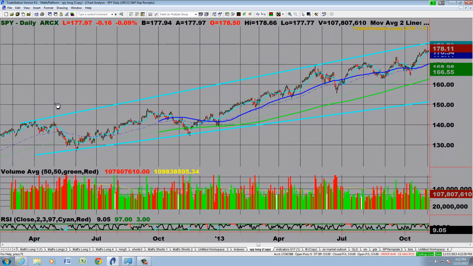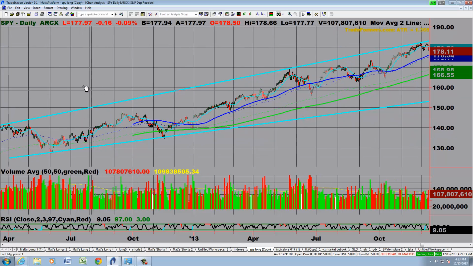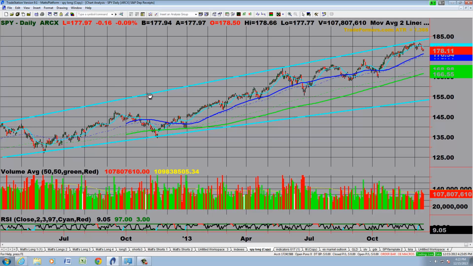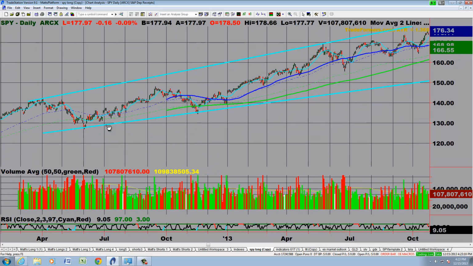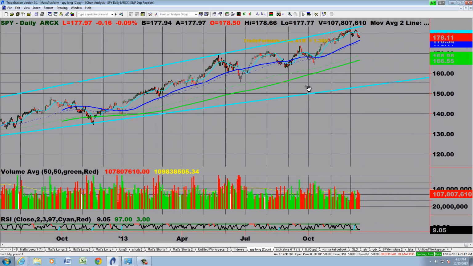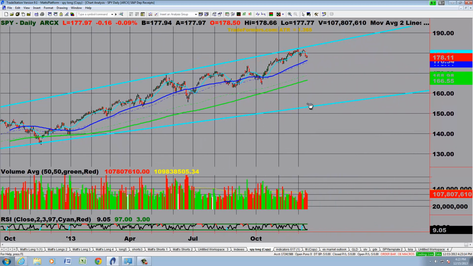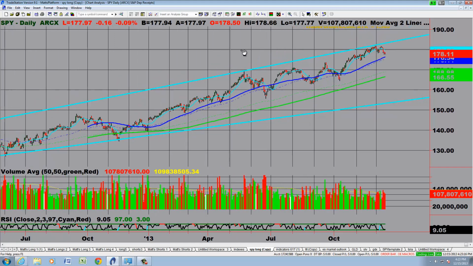As you can see, this had been the channel that we had put in quite a while ago. It's sort of a combination of a channel and a sort of a megaphone pattern. You can see here's the bottom of the channel. We come in around the 155 level, but that's the bigger channel.